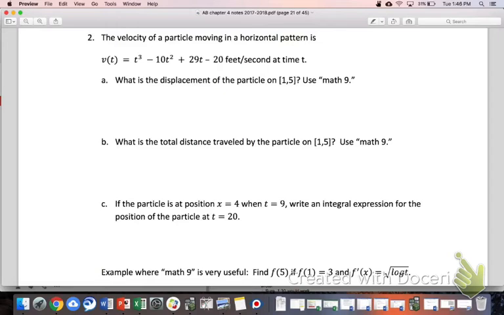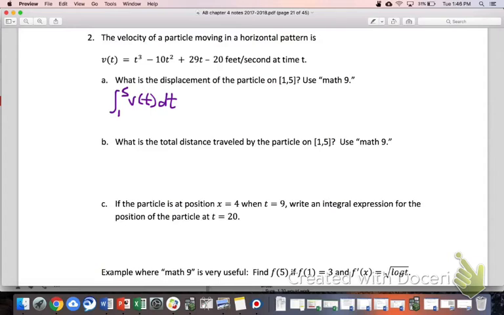A and B are pretty cut and dried as far as what you're supposed to do, but I do want to be super clear about what's expected of you. So for A, it wants displacement, so we'd write integral from 1 to 5 of v of t dt.